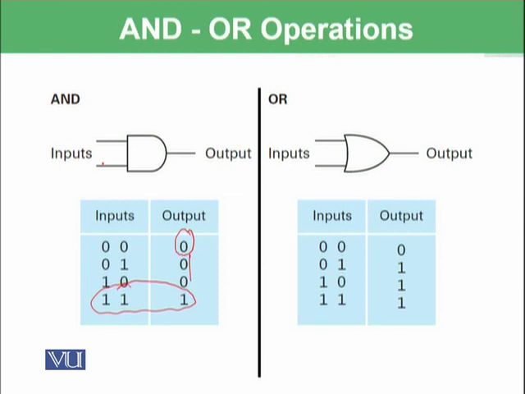Similarly, the OR Boolean operation has a different behavior. In this OR operation, if you have any input as 1, you will receive 1. So it produces an output of 1 when any of the inputs is 1.